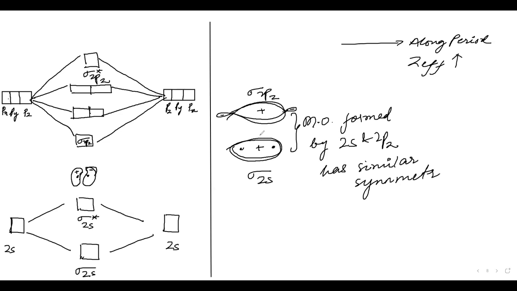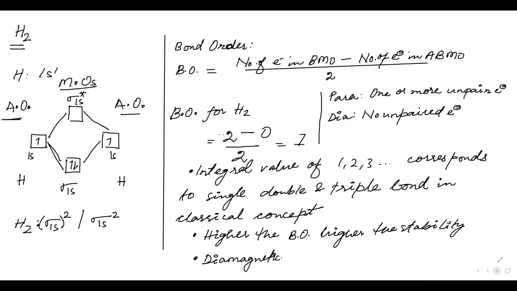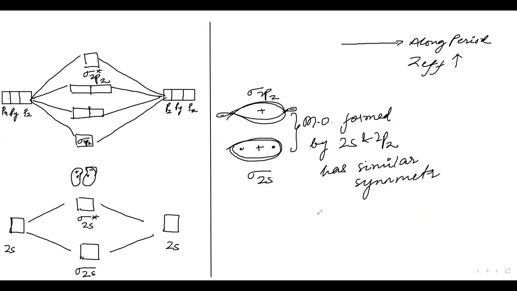Now, if there is a chance for constructive interference, the orbitals will interfere with each other, because we have seen earlier that in constructive interference we form a bonding molecular orbital. The electron goes first into the bonding molecular orbital, which increases stability. Hence, whenever there is a chance for constructive interference where the symmetry is matched and the energy is comparable, mixing will take place, combination will take place.